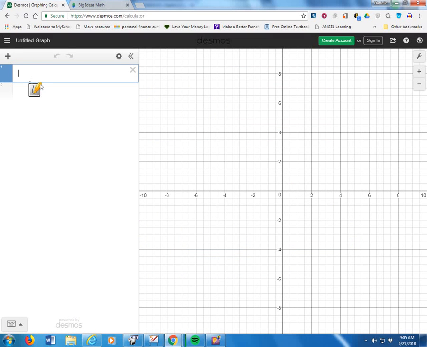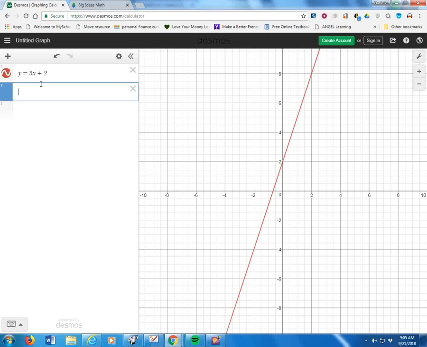Everybody put in the original equation. And your line should look like this. It's on the homepage. Go to Desmos.